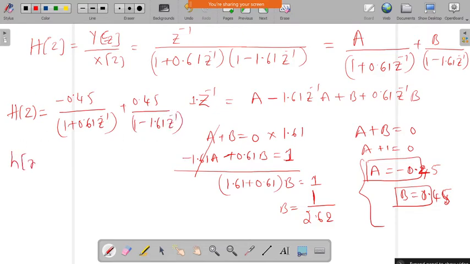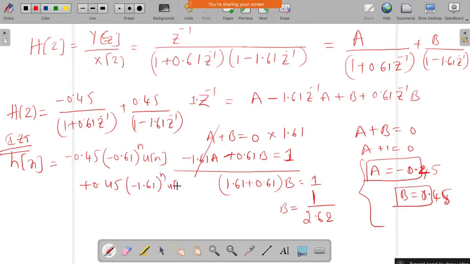Now we can take the inverse z transform and then find the h of n. So this will give minus 0.45 into minus 0.61 power n into u of n plus 0.45 into 1.61 power n into u of n. So this is what your h of n.